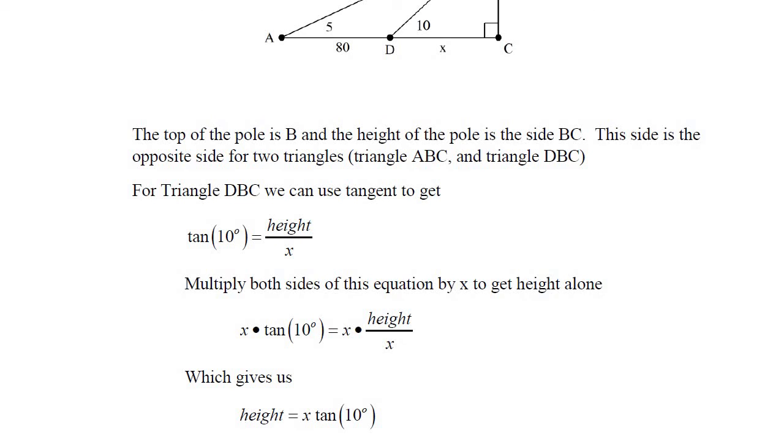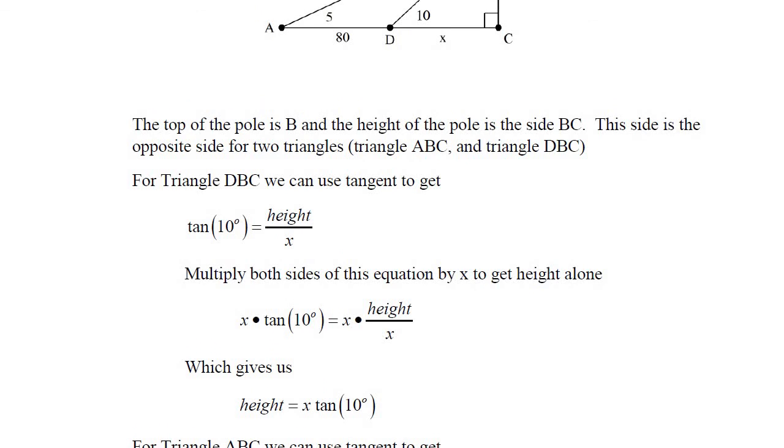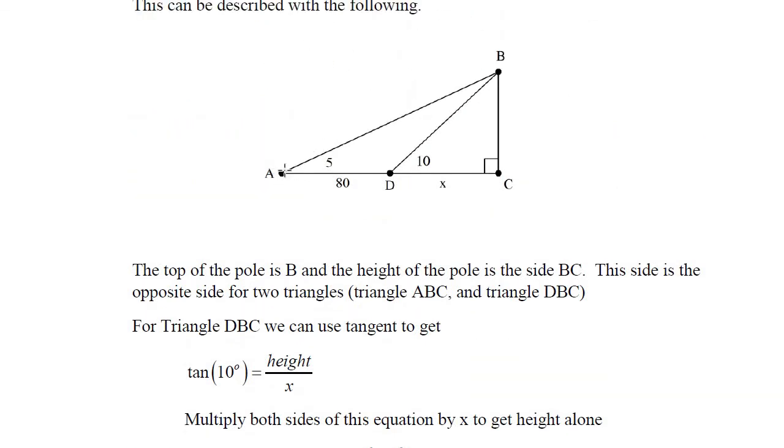Alright, for triangle ABC, I can do the same thing. For triangle ABC, I know the angle. The adjacent side is going to be this 80 plus this x, or x plus 80. And then I'm going to have my height.